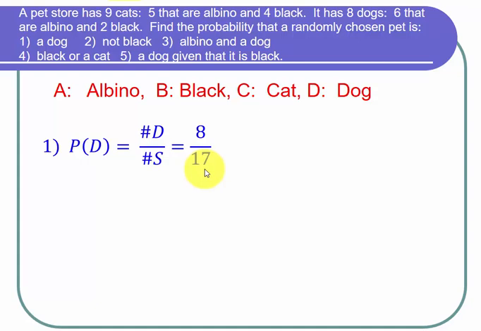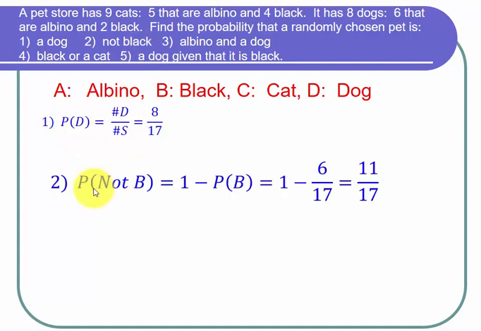Now let's move on to question 2. We want to find the probability that the pet is not black. So to find the probability of not being something, we can use the rule of complements. And what that says is that the probability of not being black, or not B, is equal to 1 minus the probability of B. So we just have to find the probability of B. So to find the probability of B, that's the total number of black pets.